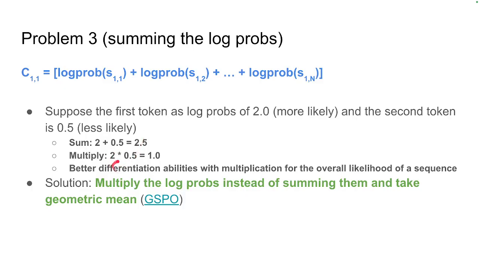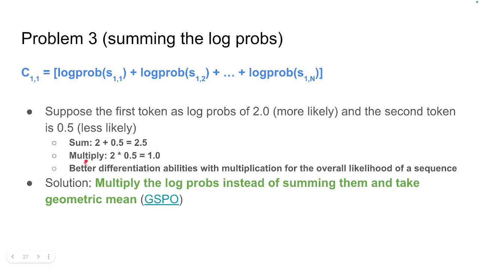But if you take the multiplication, 2 times 0.5, you get the value to be 1.0. So even if the second token was less likely and the first token was more likely, this sum aggregation doesn't reflect that, because it is an increasing value.